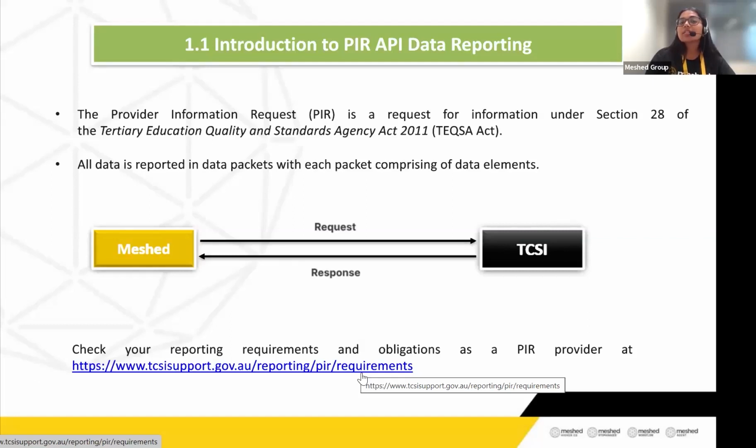Based on that, TCSI will send a response back to mesh with some errors, warnings, or a success message if the response is successful. So there is an exchange of information between the two systems, which does not require the user to go into the TCSI portal manually and submit data.